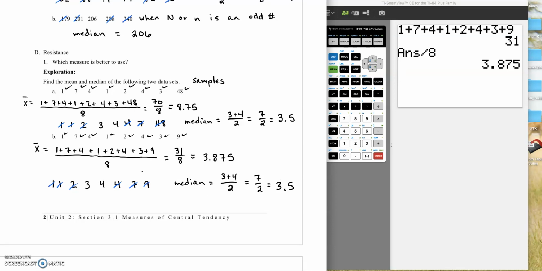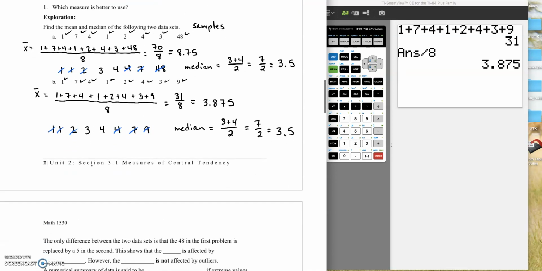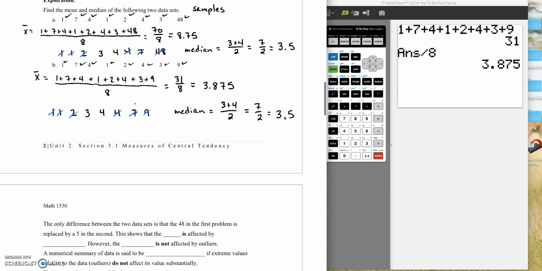So why is all that important? Well, what did we notice? These data sets were exactly the same, except in the first one there was a 48 as the last number, and in the second one there was a 9. Oops, and this should say 9.